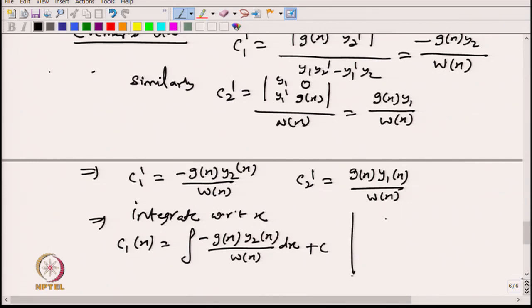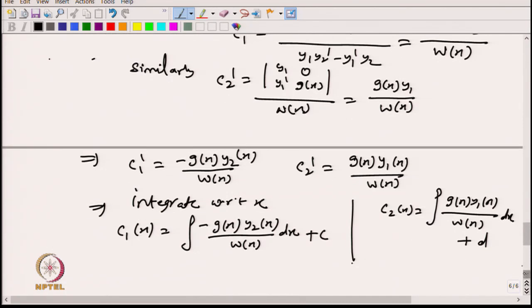Also I will get my C2 x from the integration of G(x) y1(x) over W(x) dx plus constant of integration D.